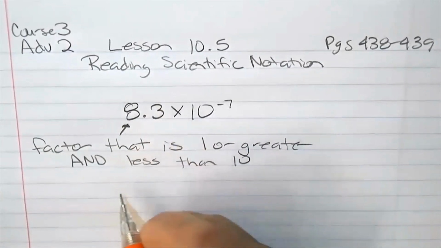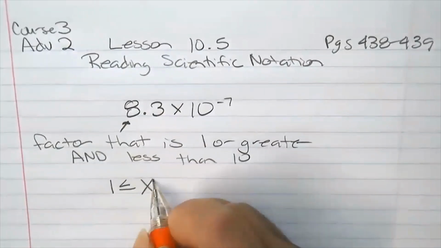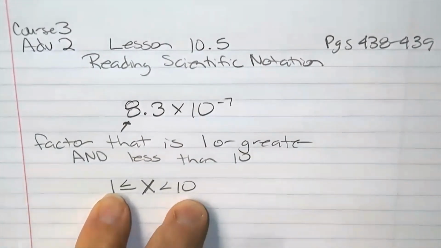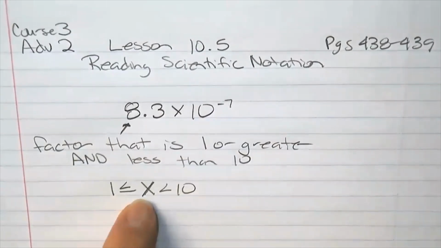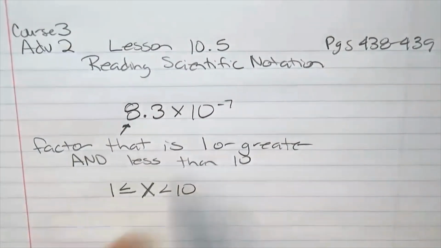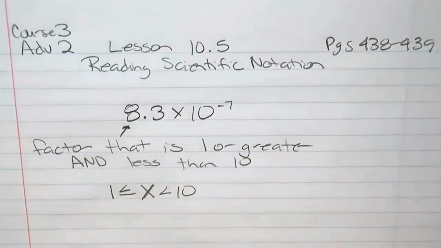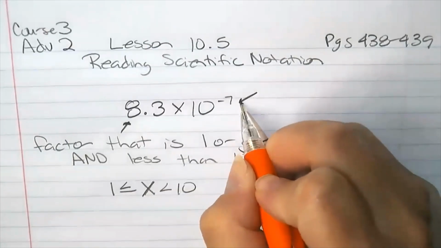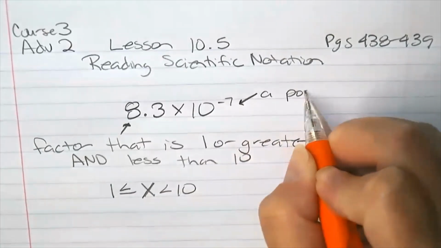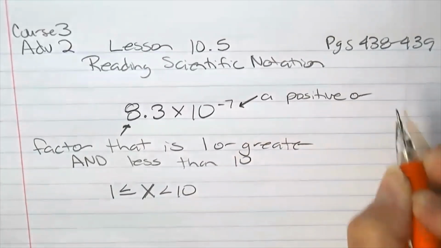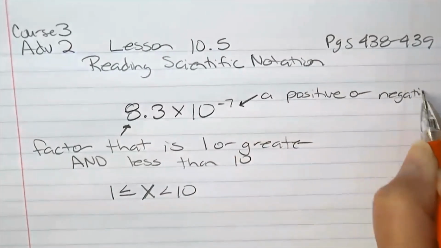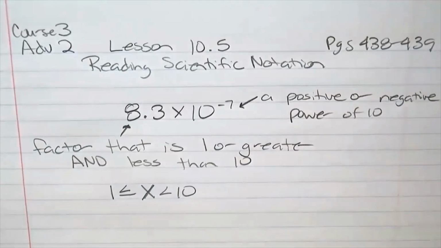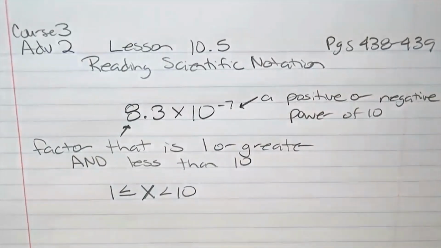So this first factor needs to be 1 or greater, but less than 10. And then our second factor is a positive or negative power of 10.